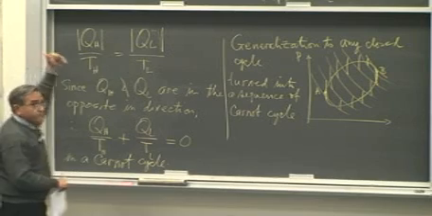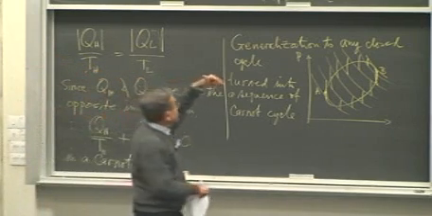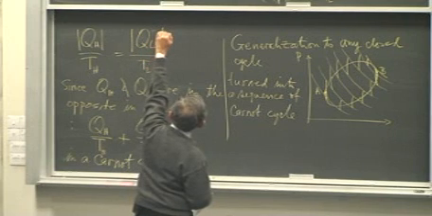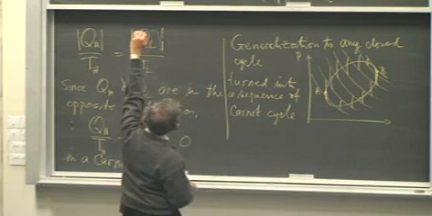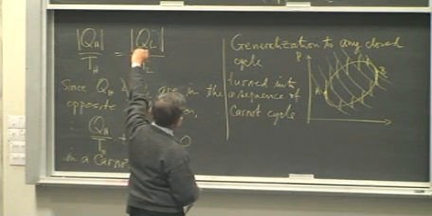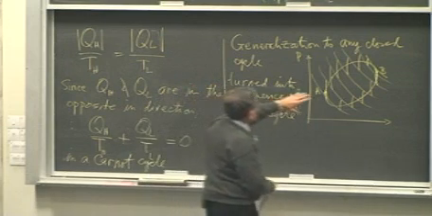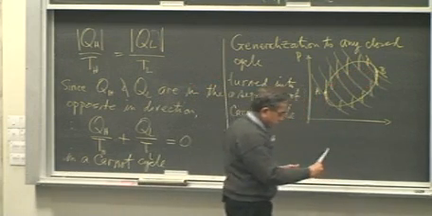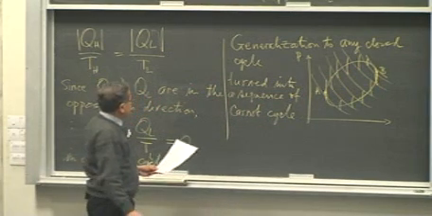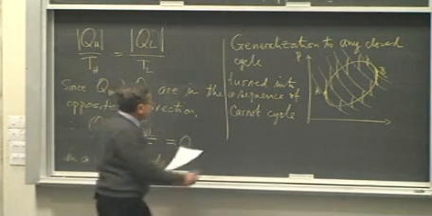And the amount of work done in this whole entire cycle is the sum of the work done at the top isotherm and the work done at the bottom isotherm. So that is what is true in this case also. So this is a sequence of Carnot cycles.